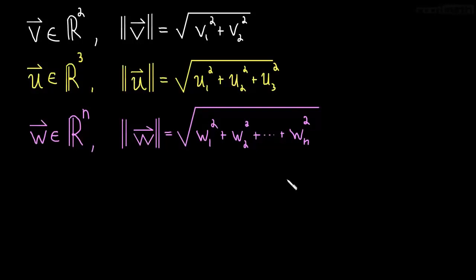So you just take each component individually, you square it, you add all those together, and then you take the square root. That's how you find the length of any vector.